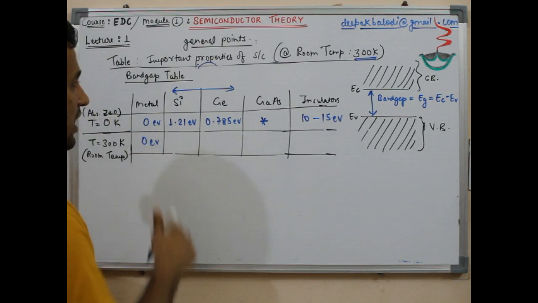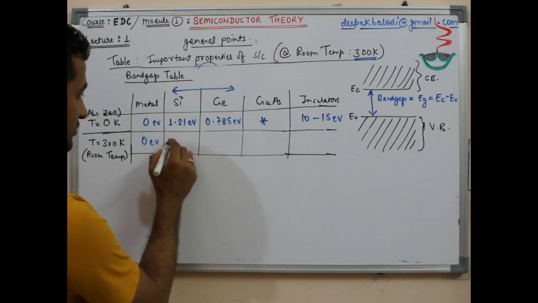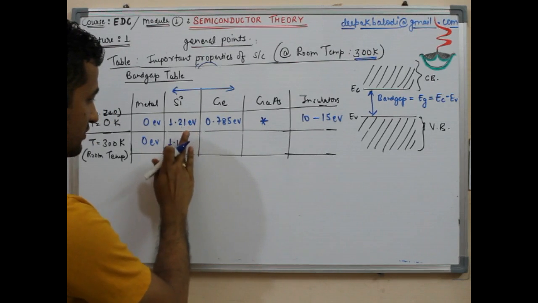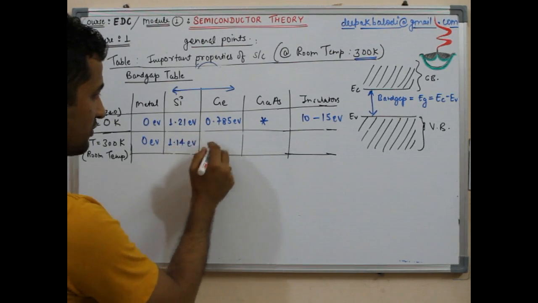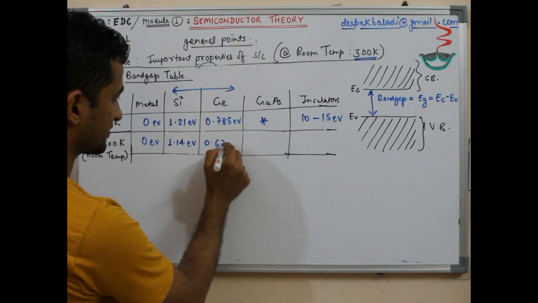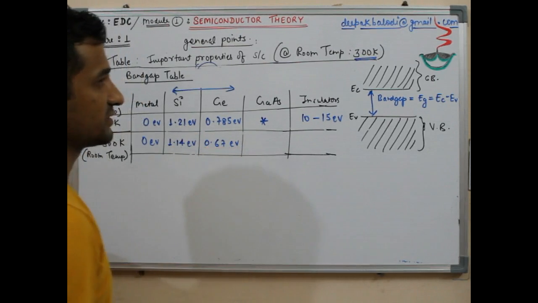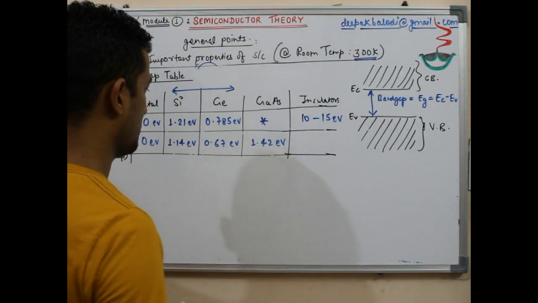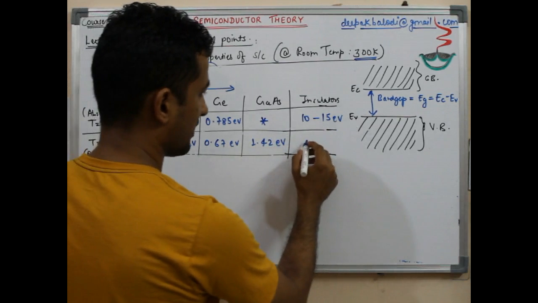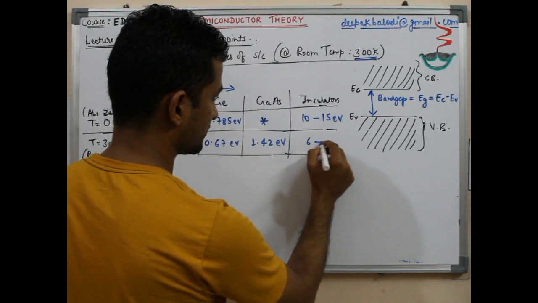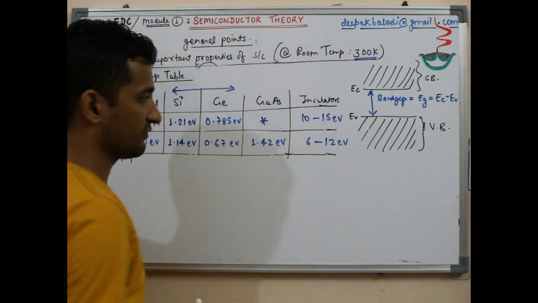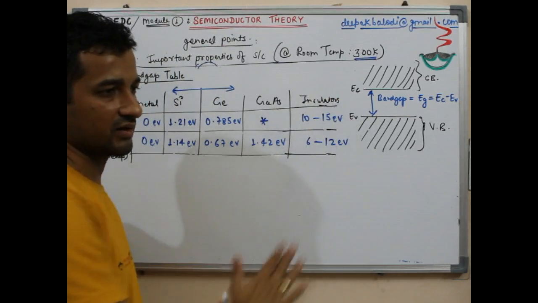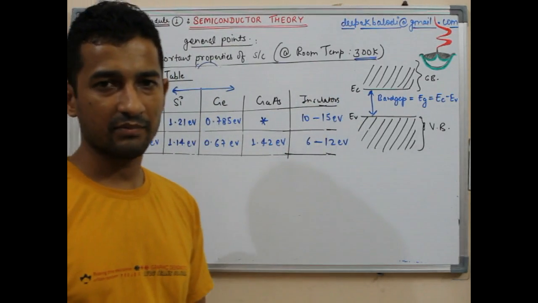For silicon the value goes to around 1.12 or 1.14 electron volts. Germanium becomes around 0.67 electron volts. Gallium arsenide comes somewhere around 1.42 at room temperature, and the insulator value has come down to around 6 to 12 electron volts. Again, this is not very strict, this is a rough idea of how large a band gap is.